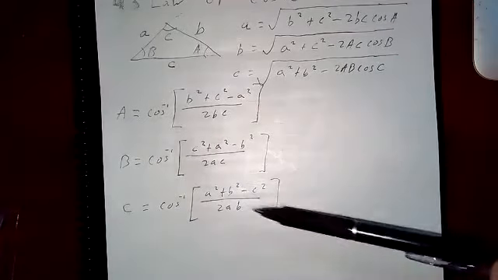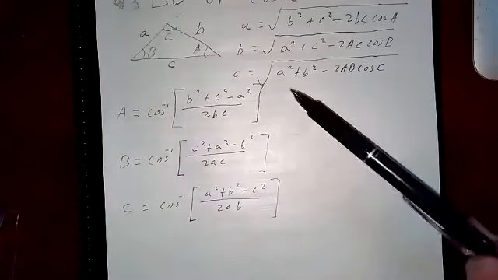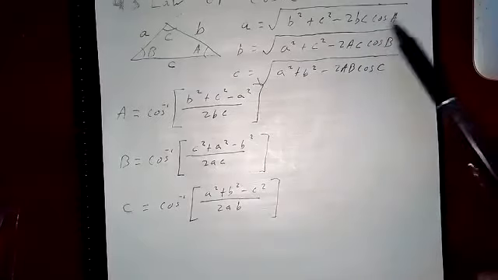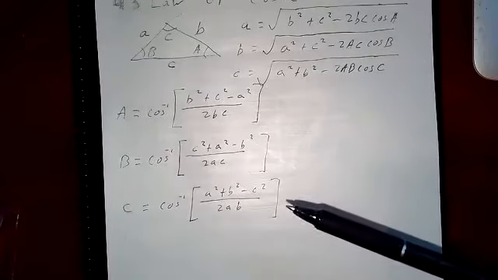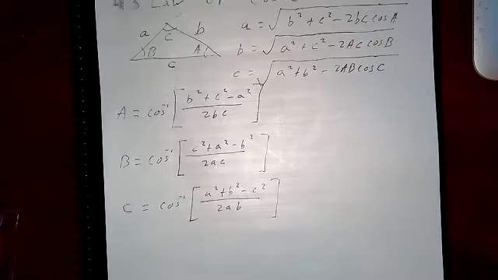So any angle requires three sides. If you're missing one of those pieces, you'd probably end up in case 1 or case 2, which is back to the law of sines. So either way, you'll be okay.